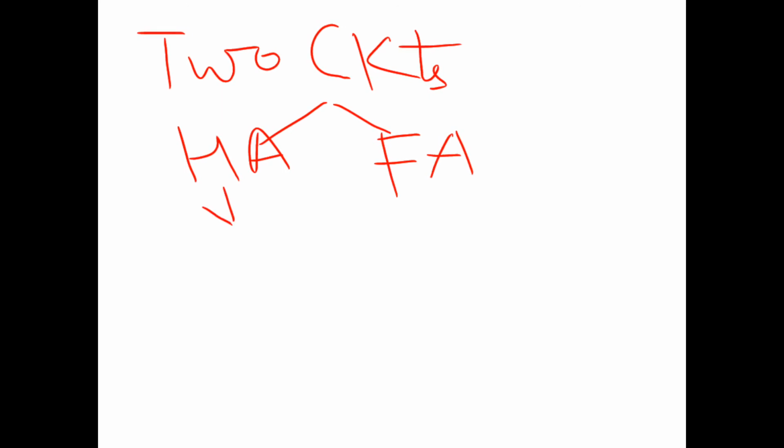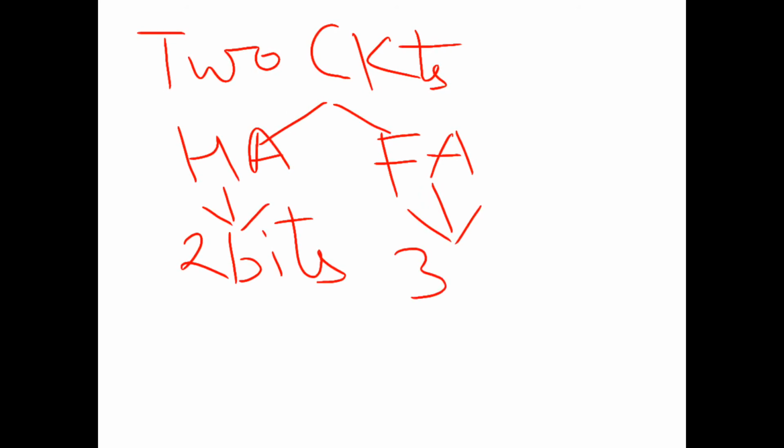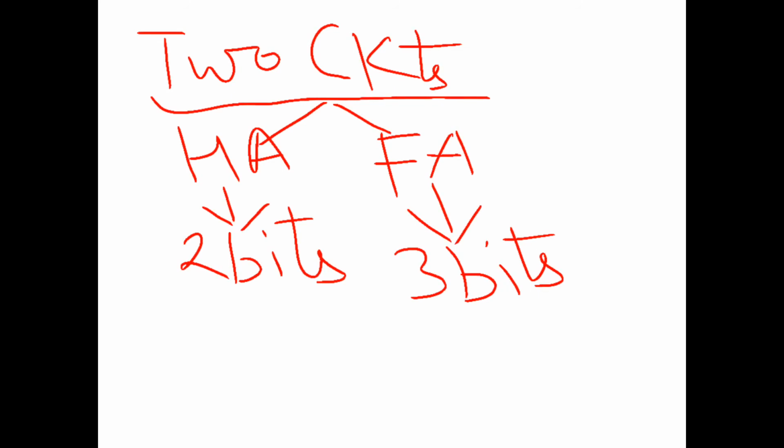The half adder is used for addition of 2 bits, and the full adder is used for the addition of 3 bits. In both the circuits, the concept of sum and carry is there.